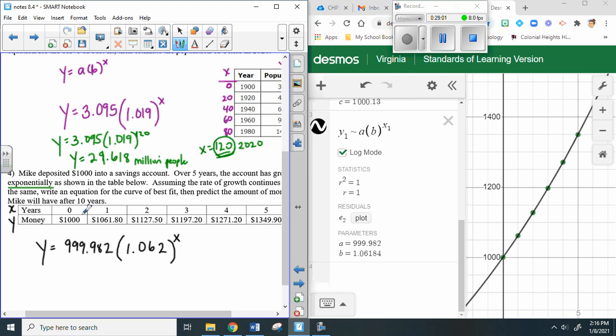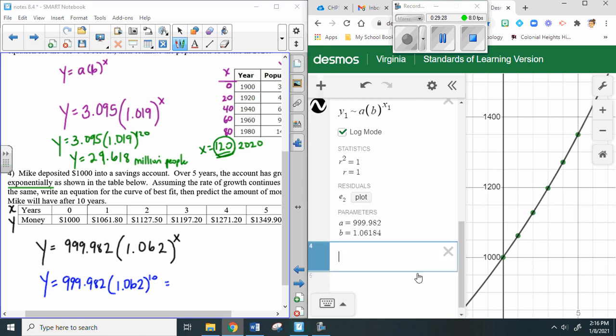All right, then the question says, then predict the amount of money Mike will have after 10 years. All right, well, years is an x value, all right? And so they're telling me to plug in 10 for x. So I want you to write it down so you can show what you're doing. Plug in 10 for x and then get an answer. And that is something that you can do in Desmos or any other calculator.